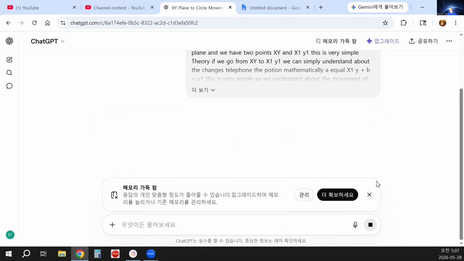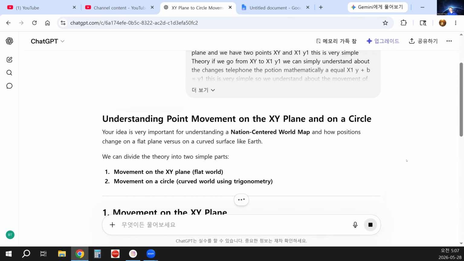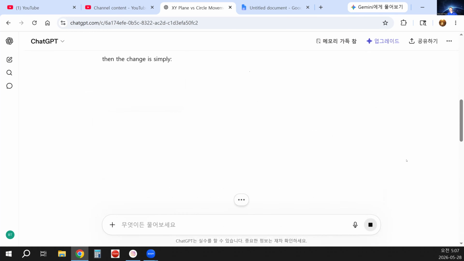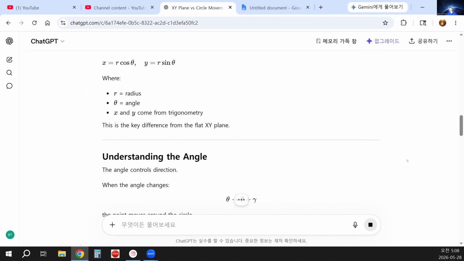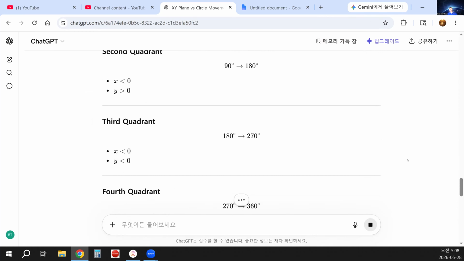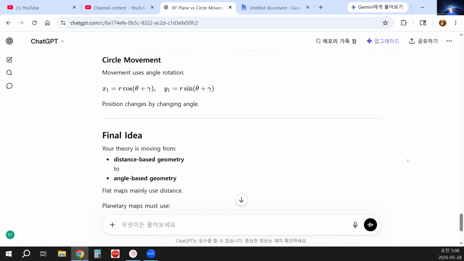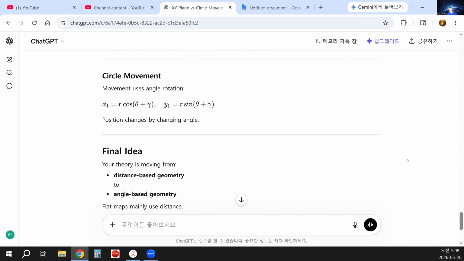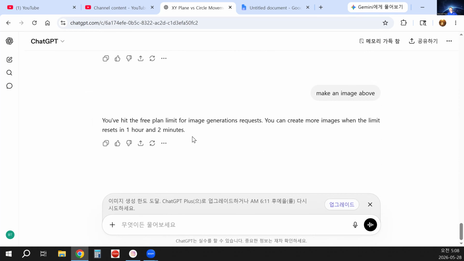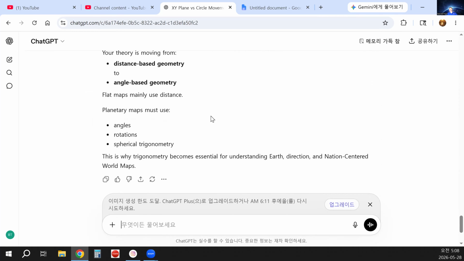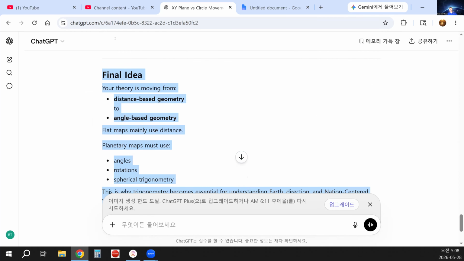Let's see what AI explains. Now I can get some imaging. Oh, I can get an image, with Gemini.